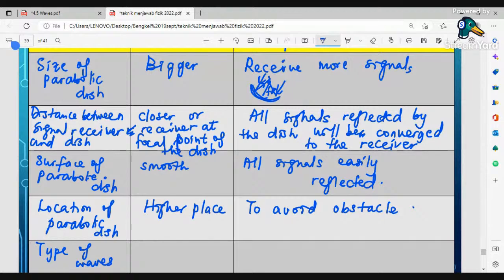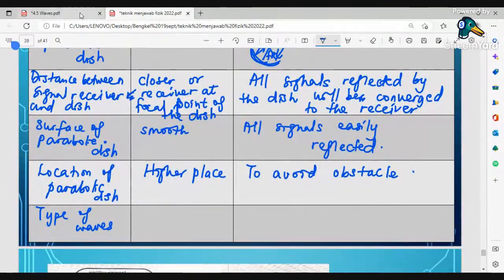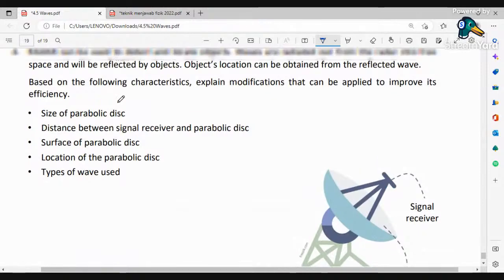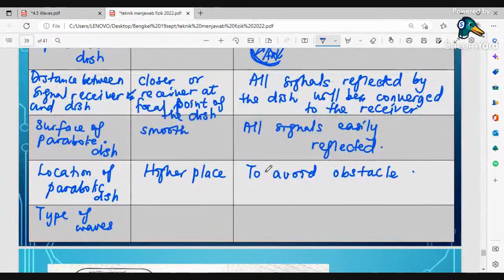Type of wave used. This one we use for what? Radar, to locate objects, and to improve efficiency we use microwave.